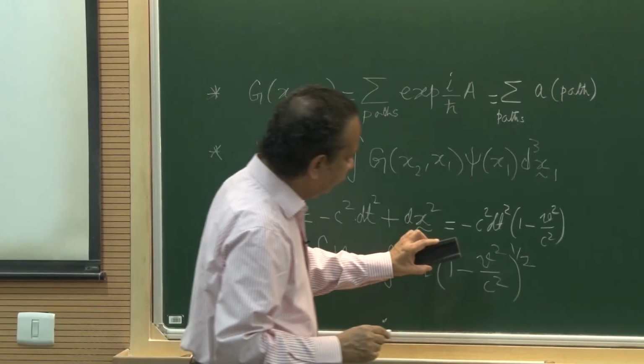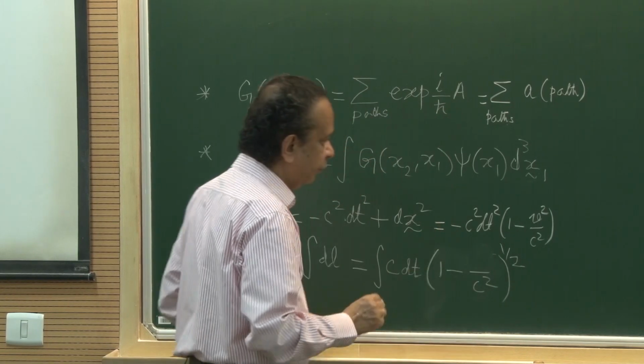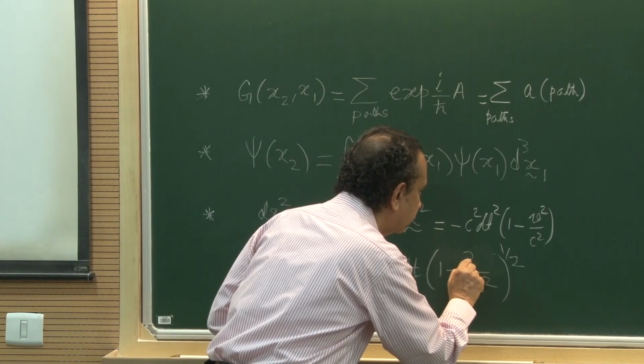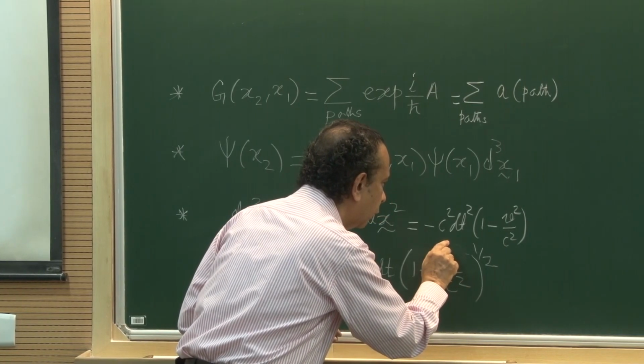Just to make it absolutely clear, I will replace v square by x dot square. v is x dot, so this is x dot square.